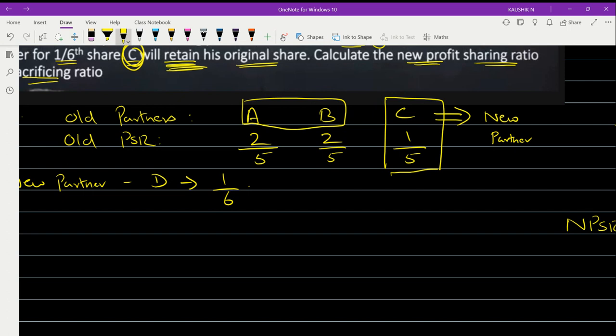How come? C is not giving his share, right? He is retaining his share. So C is holding his share. He has not come up for any sacrifice. So that means the sacrifice is happening only between partner A and partner B. So calculate what is the sacrifice and let me know.